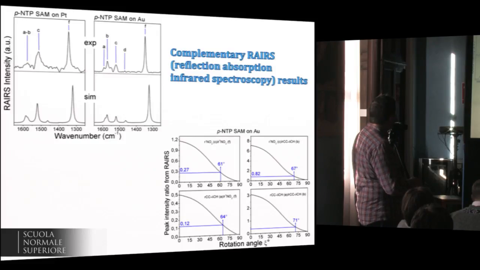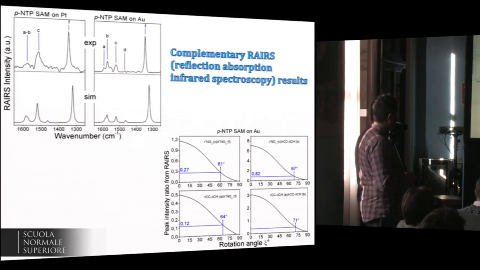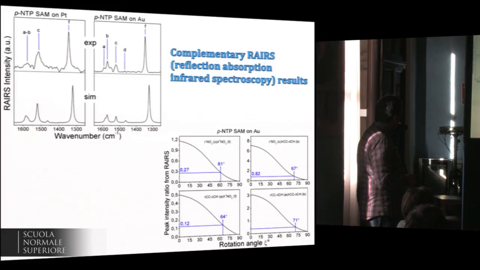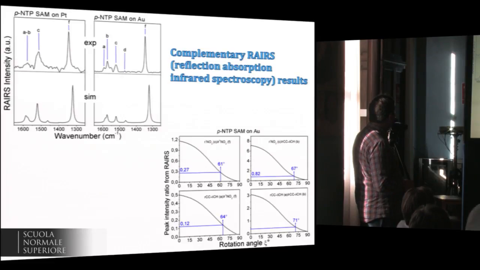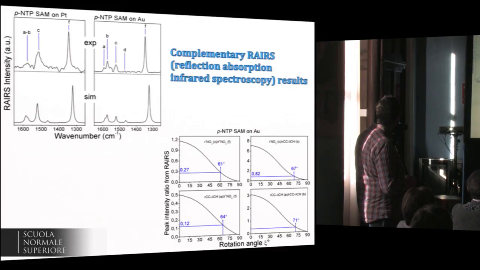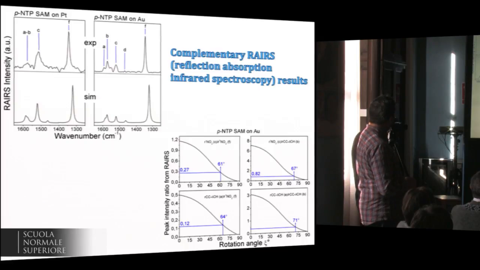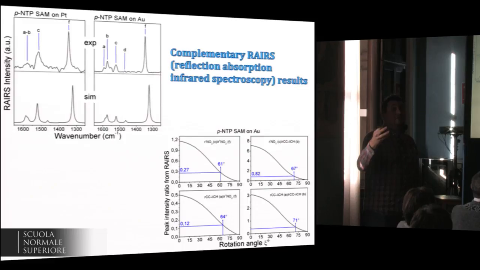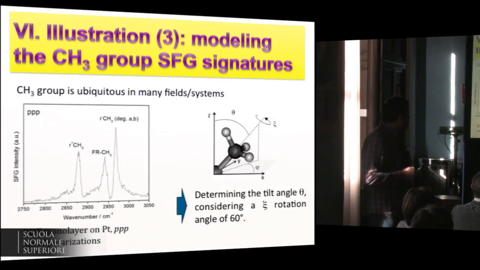So what you can do is to combine SFG with reflection absorption infrared spectroscopy, and in such a case you can consider two peaks, the peaks associated with the C and F modes. You can look at the ratio of these two intensities as a function of the rotation angle, and then you can deduce this value.